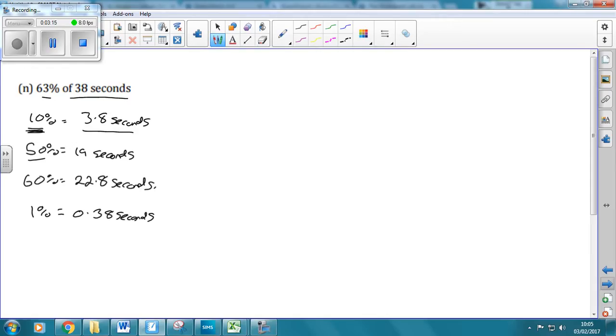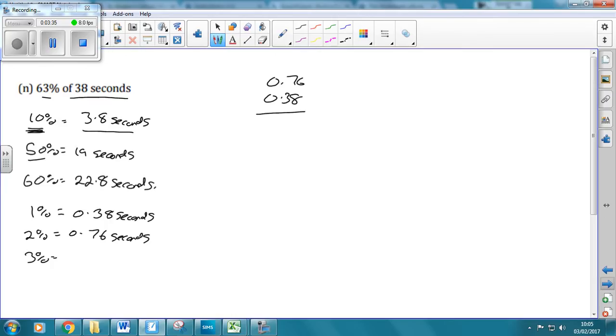So if 1% is 0.38, 2% we add on another 0.38, and that's going to be 0.76 seconds.